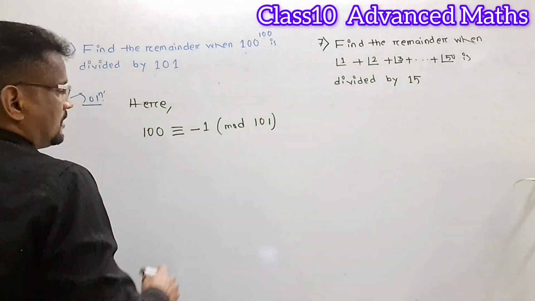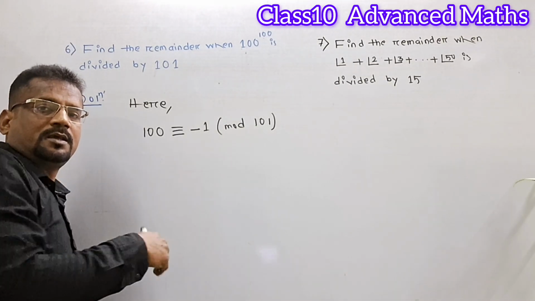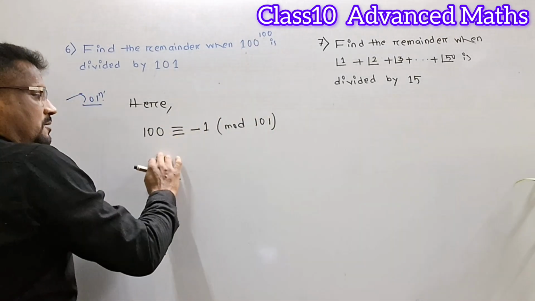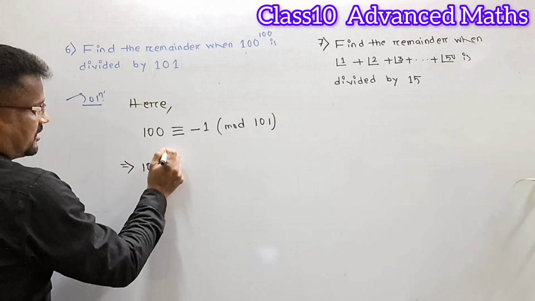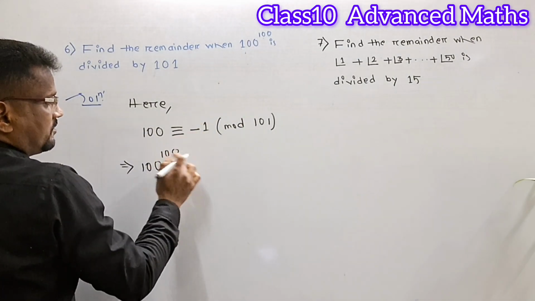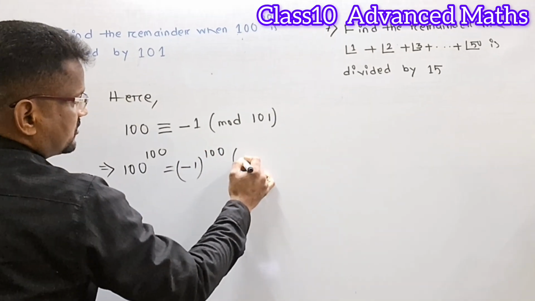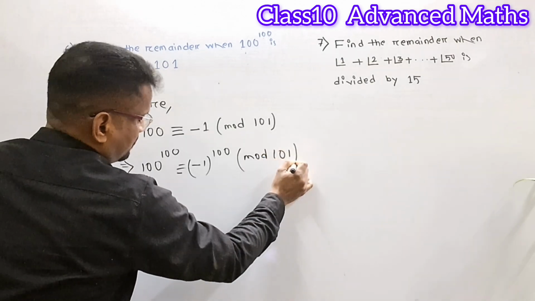Now if you get such a number, 1 or negative 1, then it becomes an easier question. Then whatever the power is, you can raise the power. If you raise the power 100, and as 100 is an even number, negative 1 to the power 100 is also congruent modulo 101.